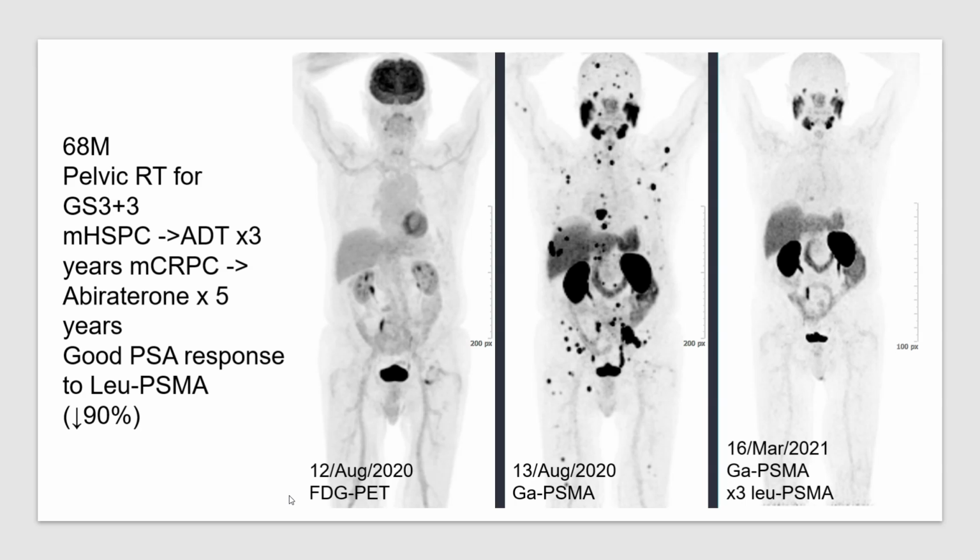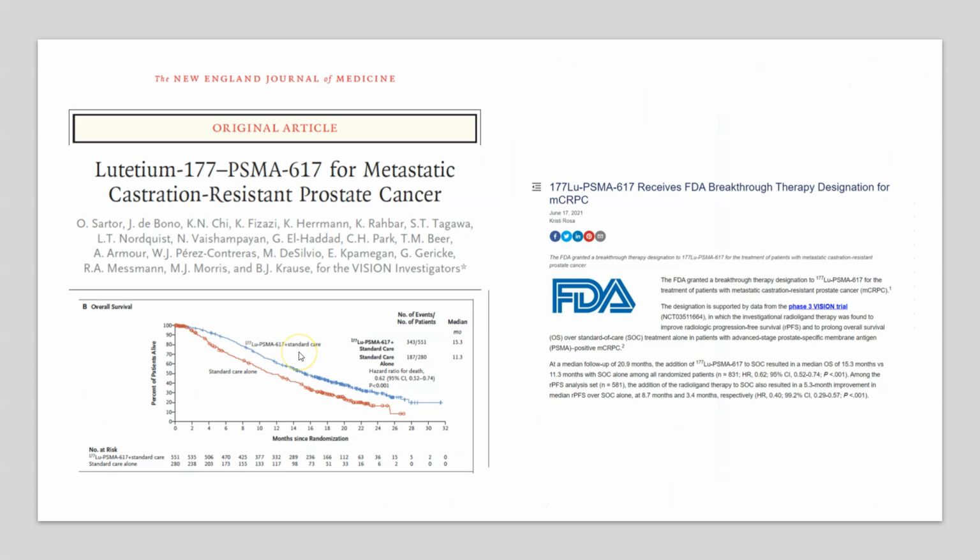And here is an example of a man who has a negative FDG PET scan, has a positive PSMA PET-CT scan, and you can see he's had a dramatic response to lutetium PSMA therapy. That biomarker was used to select patients for anti-PSMA directed therapy, and you can see how lutetium PSMA resulted in a better survival than the standard of care, and this data has now been submitted to the FDA for licensing approval.